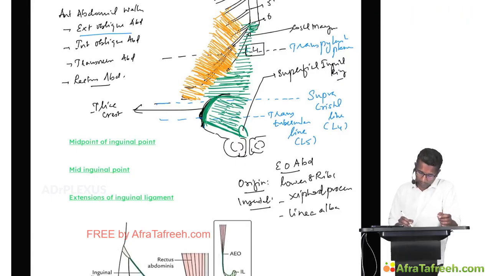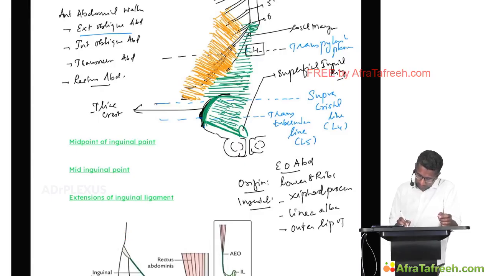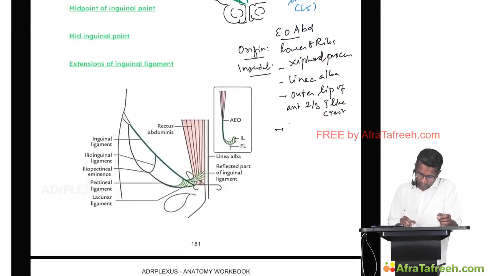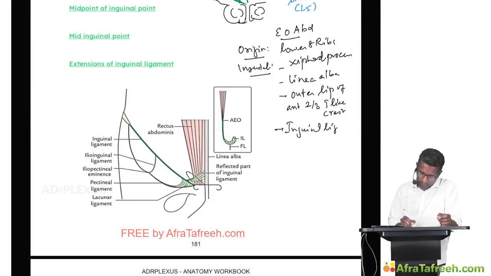It gets inserted into the outer lip of the anterior two-thirds of the iliac crest. It also forms the inguinal ligament, and finally it gets inserted into the pubic crest.